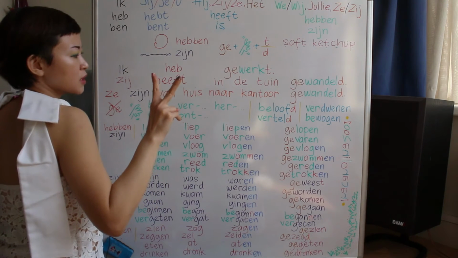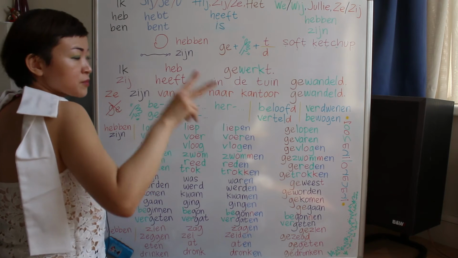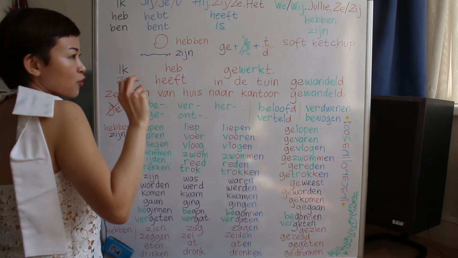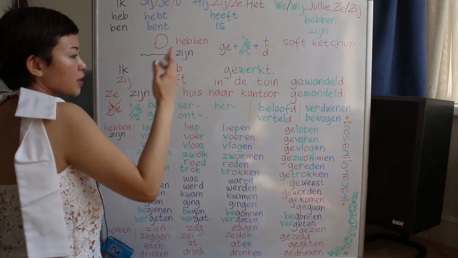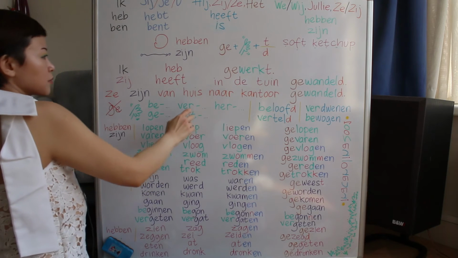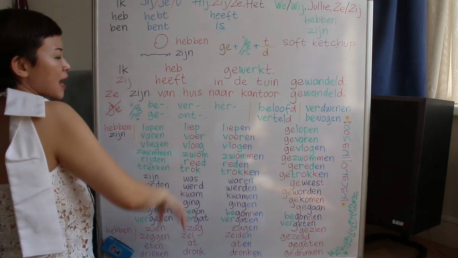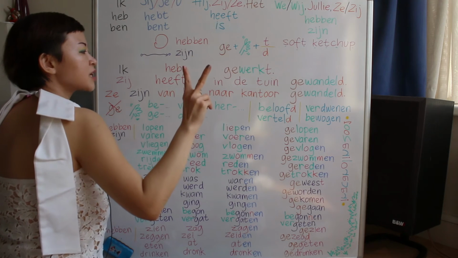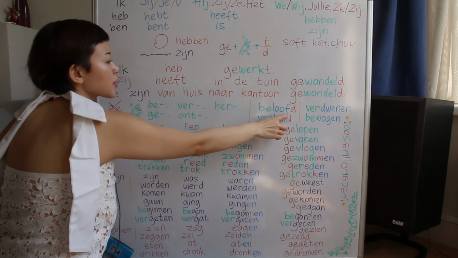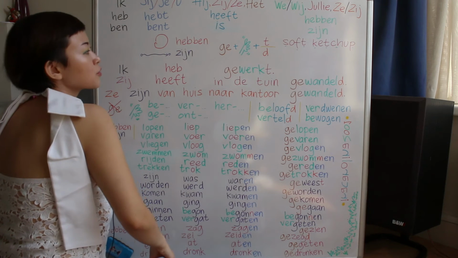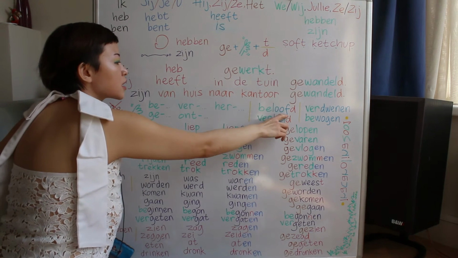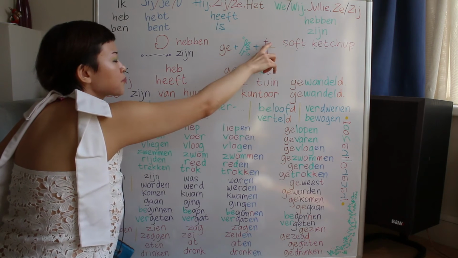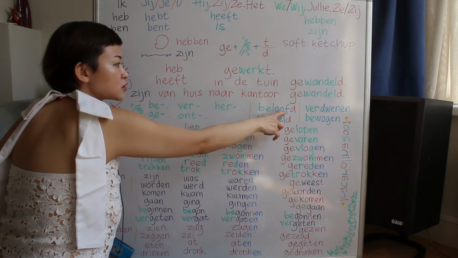But when we put it with hebben and zijn, we put the D or T, and the V itself changes into F. So even though it's F, we put D instead of T, because the F here is not the original one.